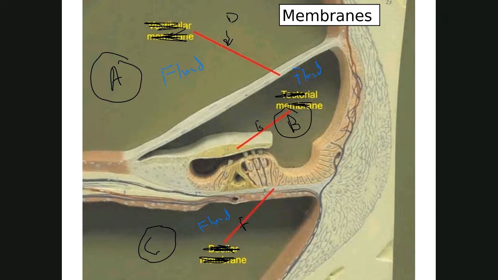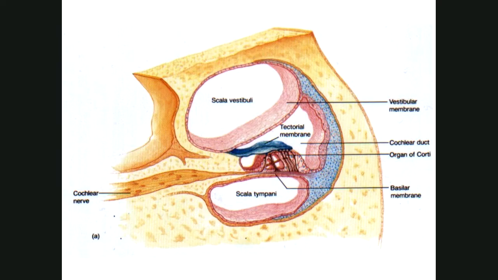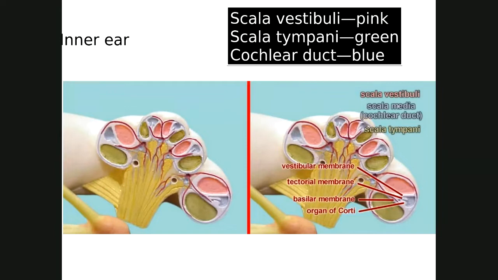So Deli says the membranes separate the different chambers. Exactly. So if we go back to our other picture, every single one of these is going to have that. So look, there's our vestibular membrane, there's our basilar membrane, and there's our tectorial membrane. And every one of them has it.